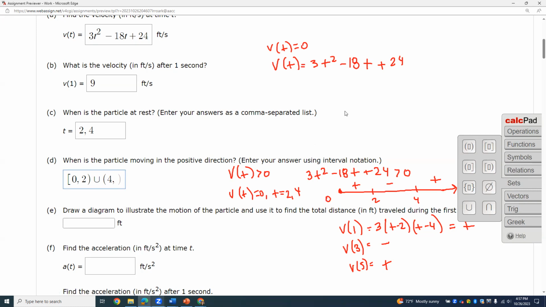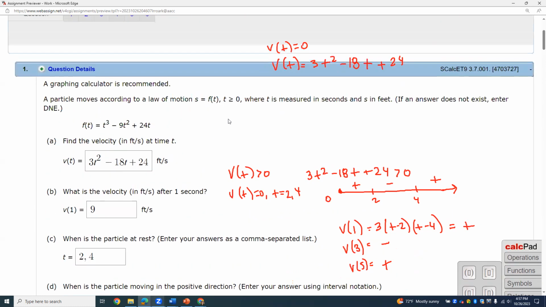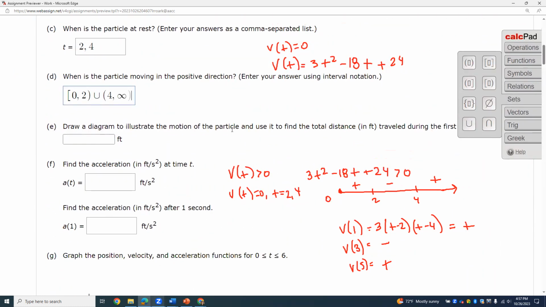I know. If we plugged 0 into the velocity equation, we would get positive 24, and that's positive. So that's why I included 0, which again, I know it was a little funky. It's technically because in the beginning they said t is greater than or equal to 0. So that's why I'll include 0 in the positive direction, even though I know it's kind of weird to think about what that would really look like.